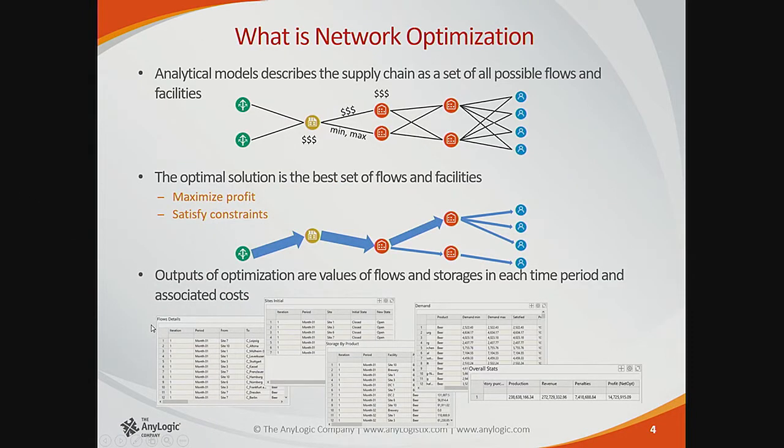When we talk about network optimization, we talk about an analytical model, which describes all possible ways how your supply chain could operate. So it defines all possible flows, all possible locations for facilities with specific constraints on throughput, with specific costs. And it also defines demand points.